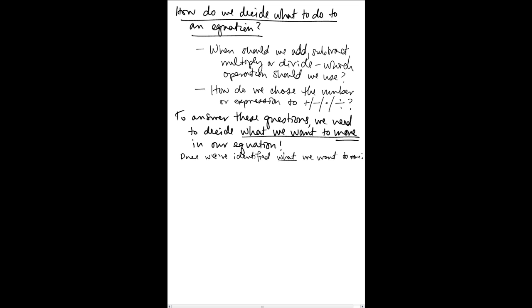What is that thing we're trying to move currently doing in the equation? Is it being added, subtracted, multiplied by something?